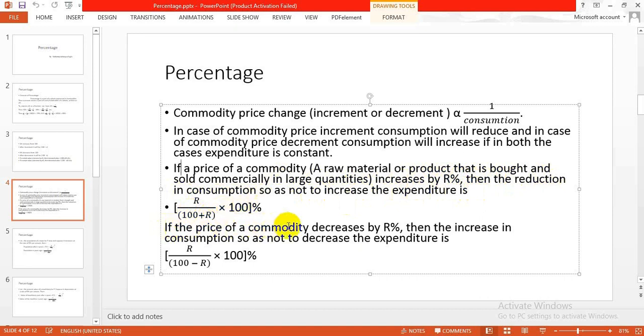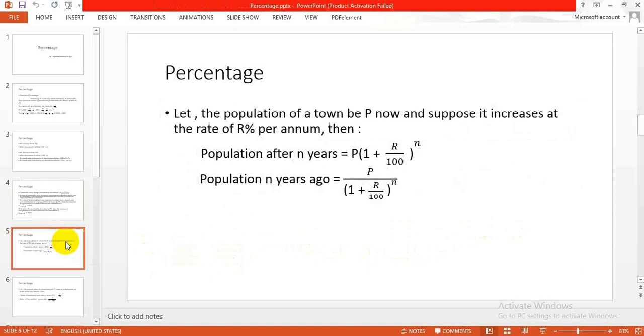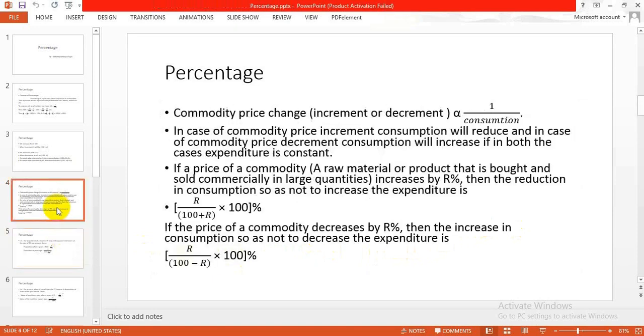If the price of a commodity decreases by R%, then the increase in consumption so as not to decrease the expenditure is R by 100 minus R into 100 percent. So this is the case of commodity price change.